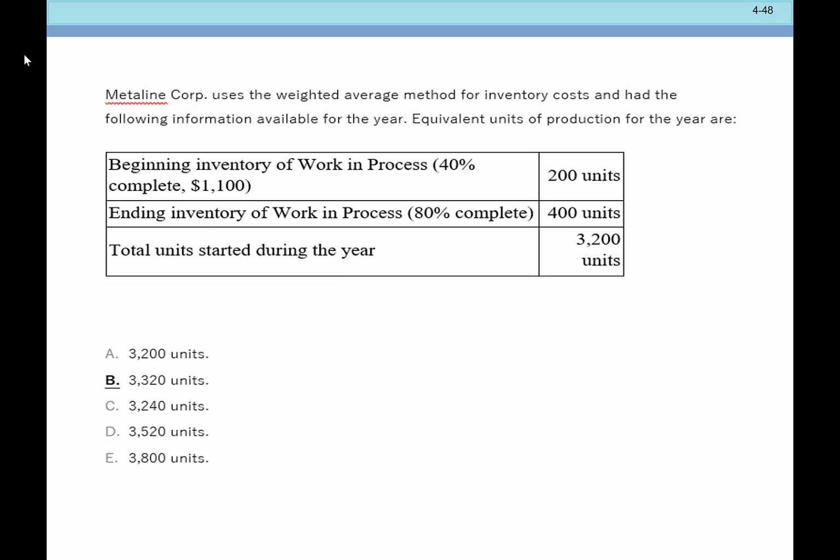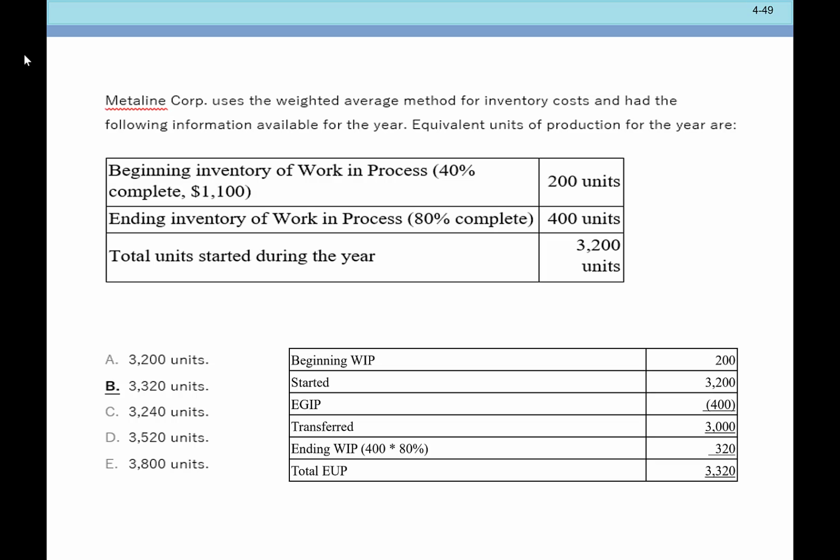Okay, good. Let's take a look at this one. Beginning inventory work in process, 200 units. Ending work in process, 80% complete, 400 units. Total units started during the year, 3,200. Okay, so we take the beginning plus the units started. Those are the units completed and transferred out, aren't they?